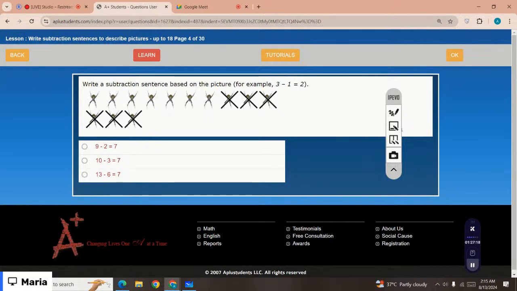The next one is write a subtraction sentence based on the picture. So which is the correct option?